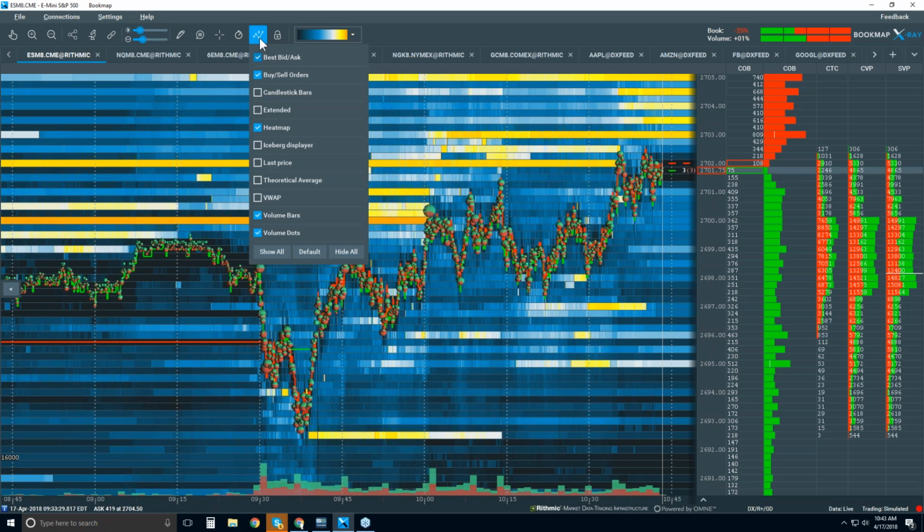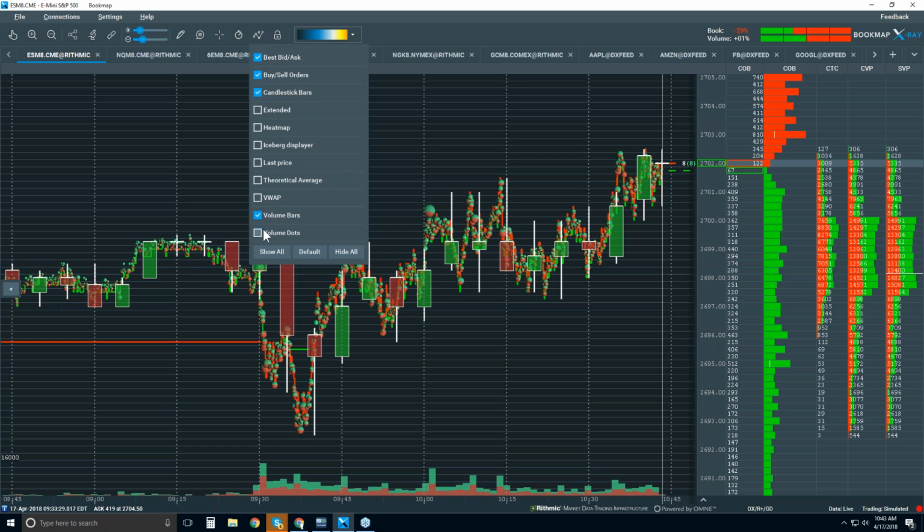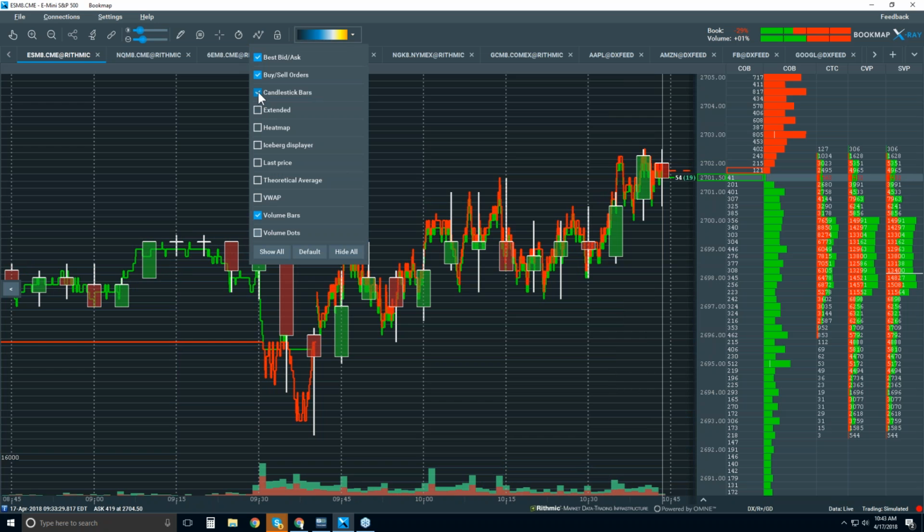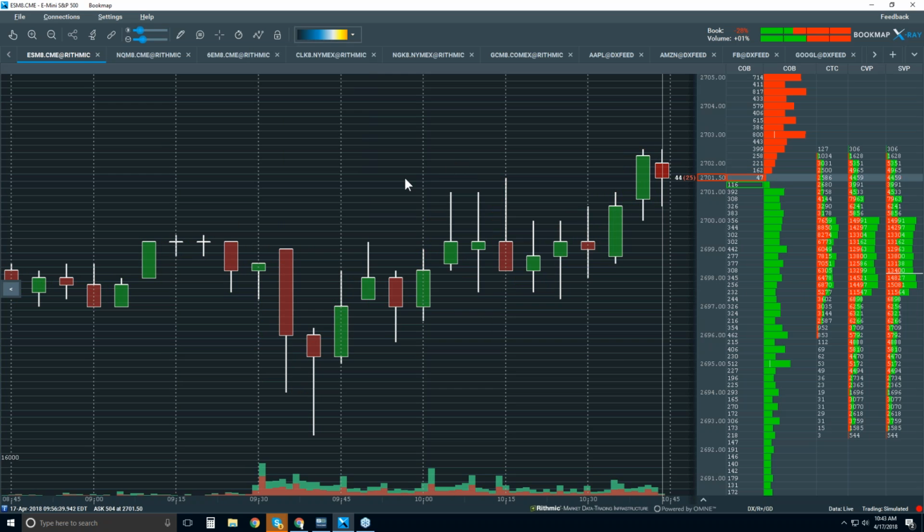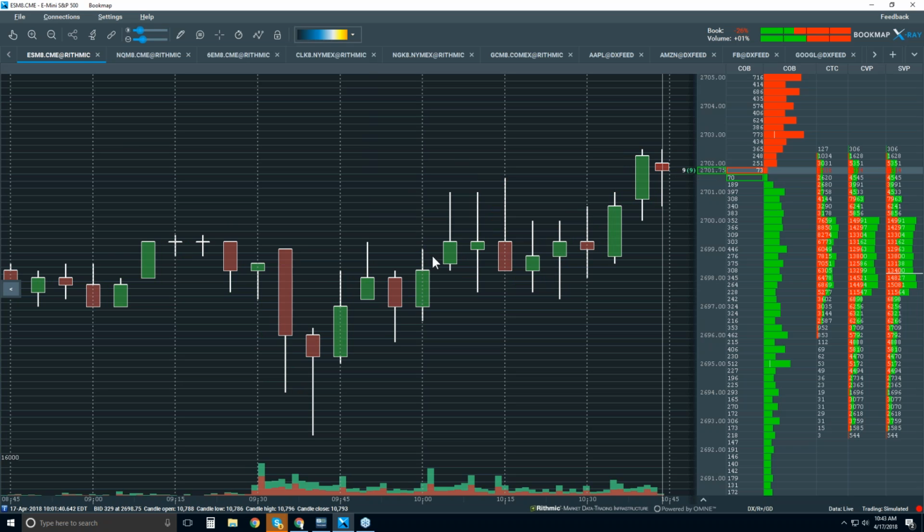But to clarify this point about these 3 elements and the simplicity of it, I'm going to take off all of this other data here. All right, so this is a candlestick chart, a 5-minute candlestick chart, and that's all we're looking at here. Now, the candlestick chart here is aggregated data. It's open, high, low, and close of a 5-minute period, and that's the problem.